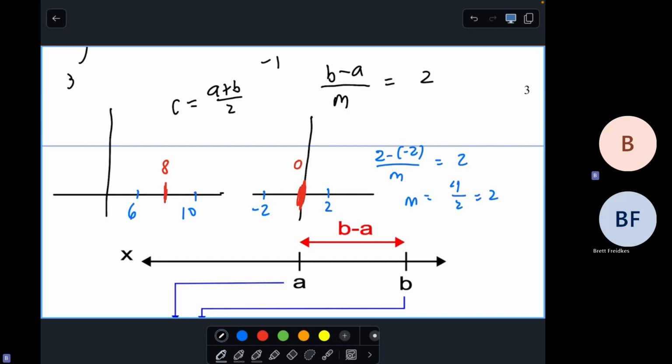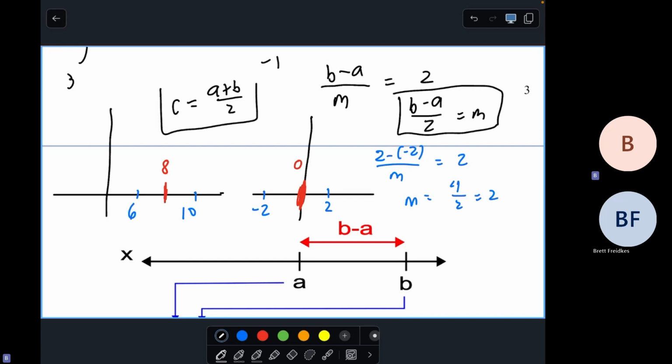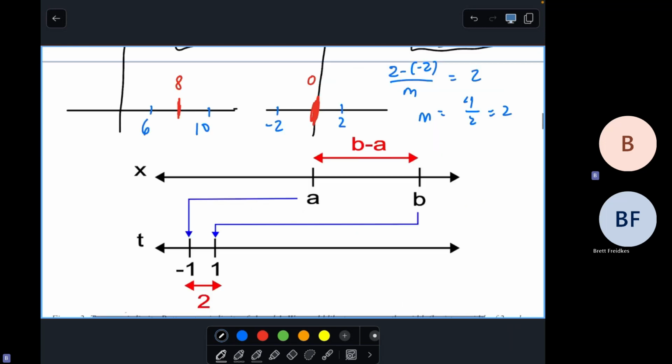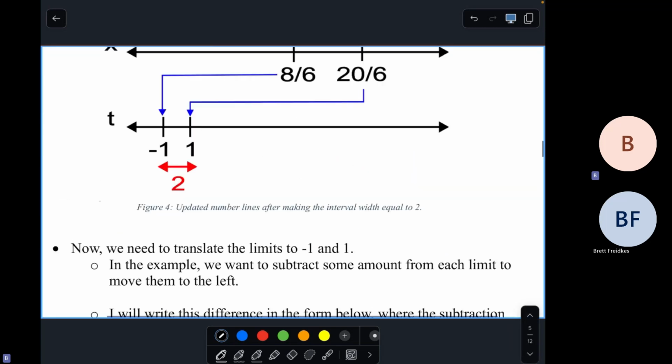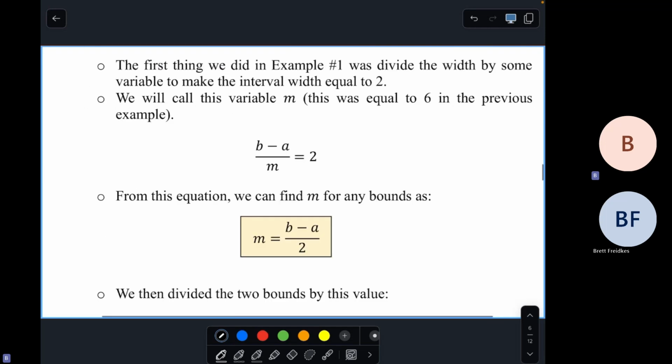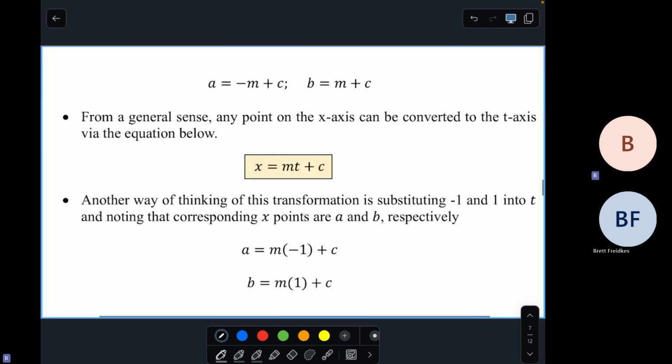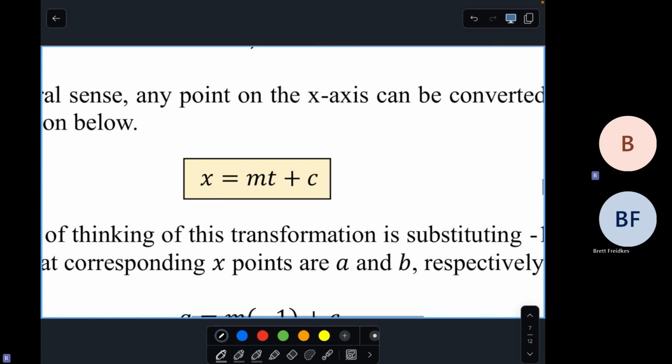So the way that we just showed that is let's just solve for m in this top equation. You would get b minus a over 2 is equal to m. So these were our two equations that are used to change the bounds to -1 to 1. And the equation that we justified this with was this. X is mt plus c.